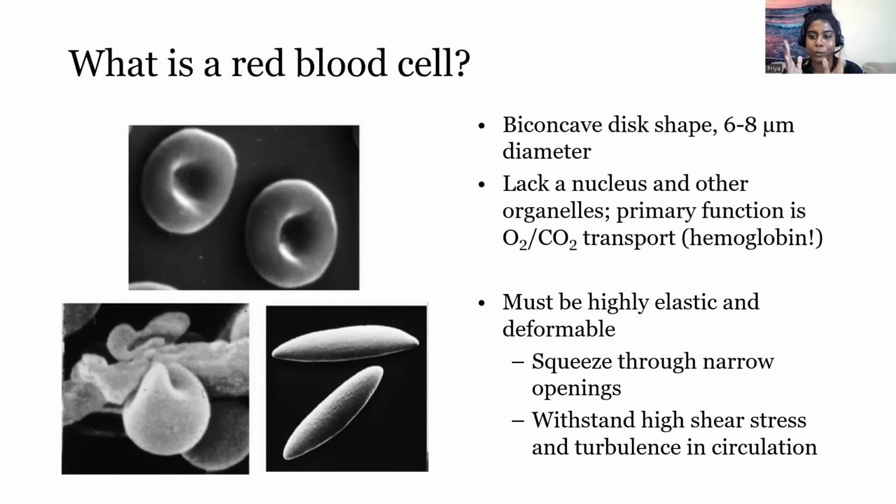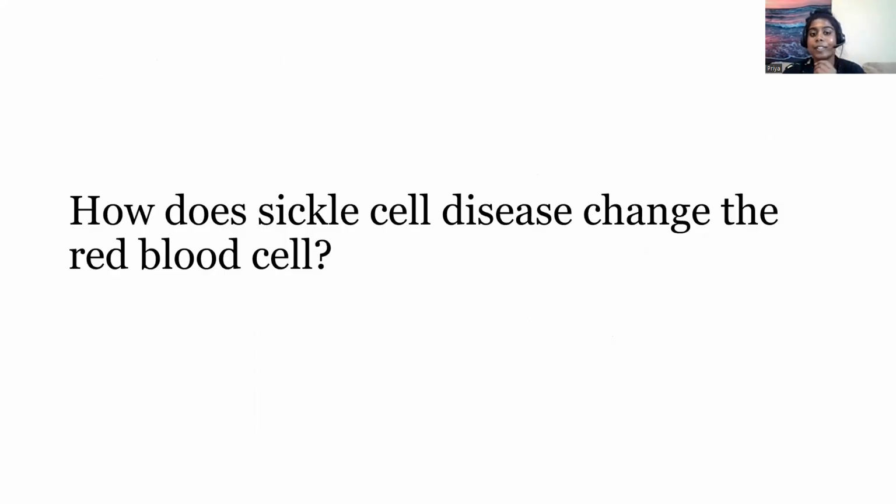It has to squeeze through a lot of narrow openings. It has to withstand a lot of shear stress and turbulence. So, it can't be brittle. And this is why any mutation that affects the shape or the deformability of the red blood cell can really affect its function. Which is what happens in sickle cell disease.